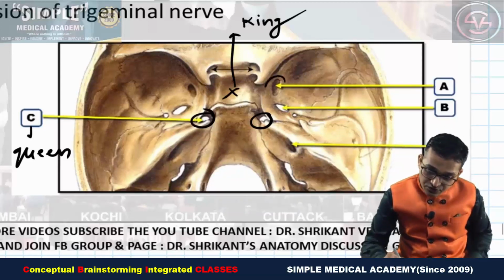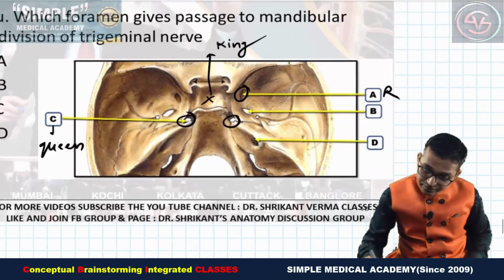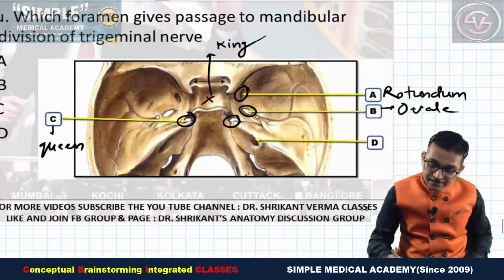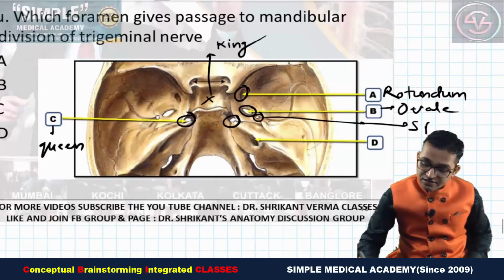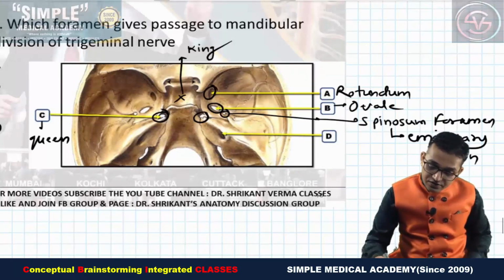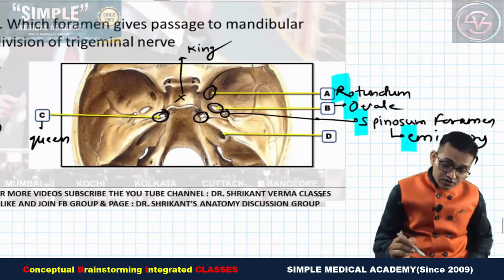So the next foramen is the R, foramen rotundum. Then the next foramen is the O, foramen ovale, and the next foramen is the S, foramen spinosum, which also passes the emissary vein. So the trick from the midline to the lateral side is ROSE, rose.